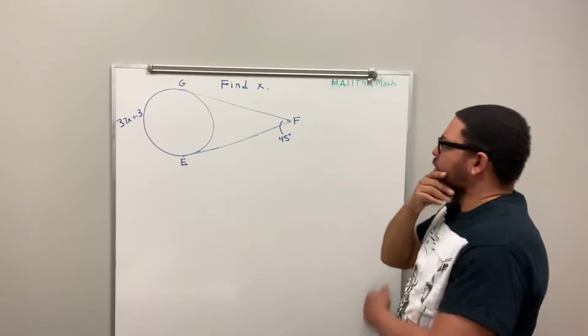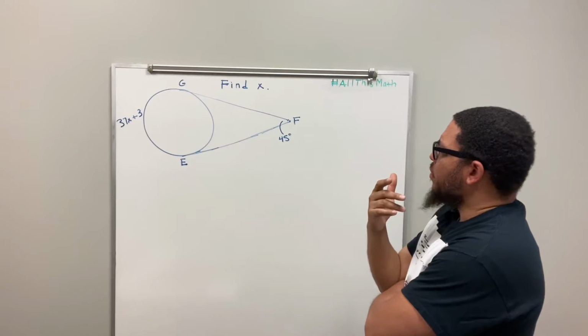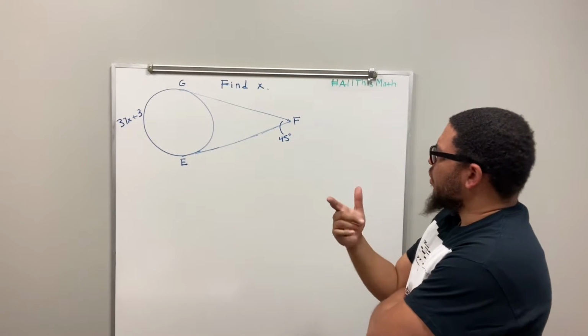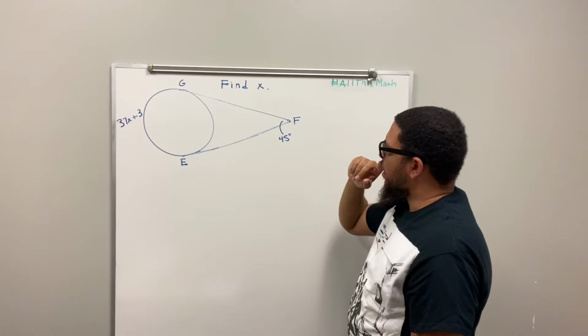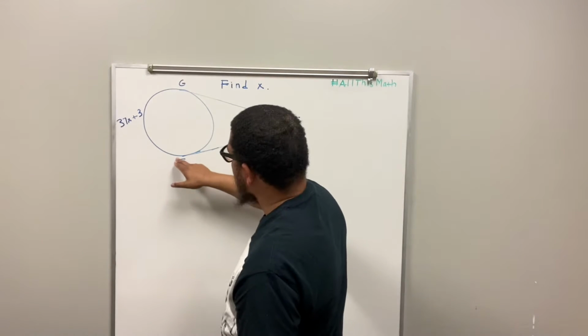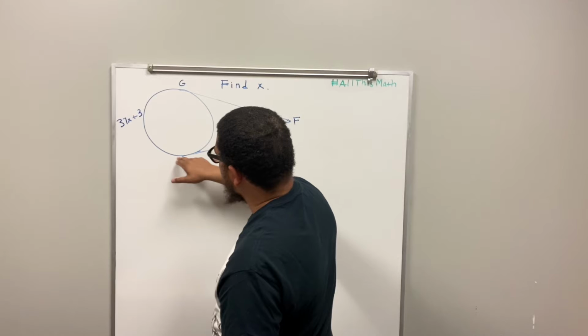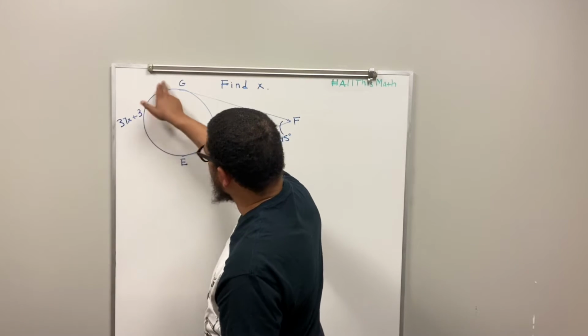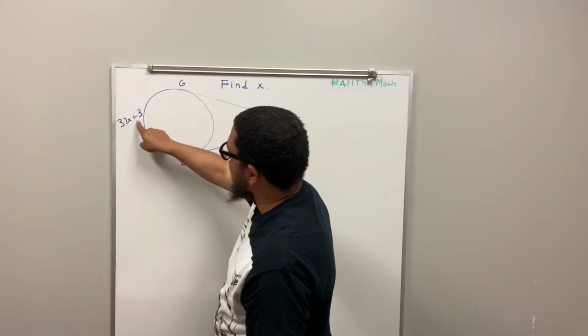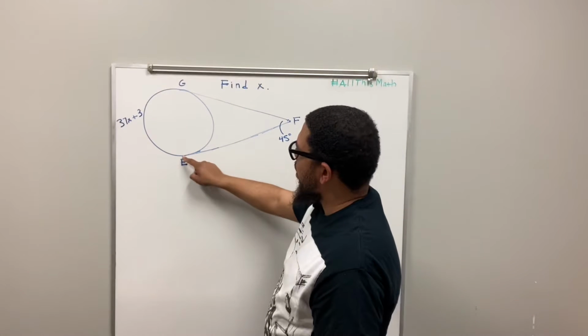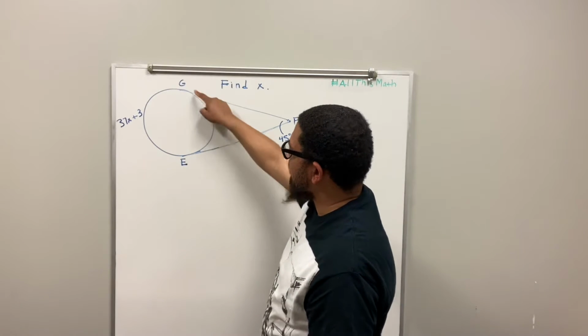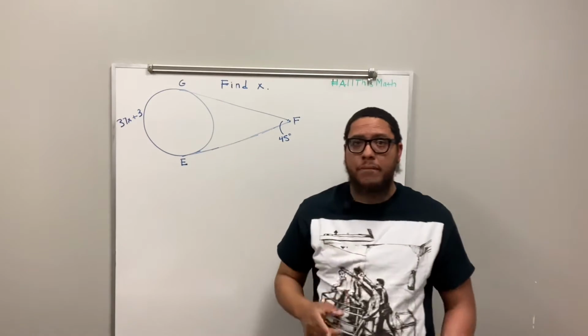All right, so let me keep looking at this. Let me think about what I know and what I can figure out. I know this angle is 45. I know that the arc measurement on this side of the circle from point E to point G is equal to 37x plus 3. I don't know the arc measurement of this other side of the circle from point E to point G, but I do know something. There's a theorem.